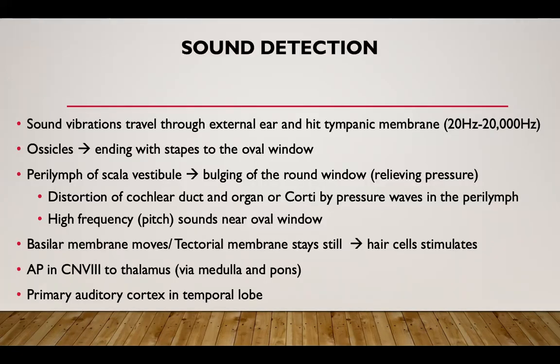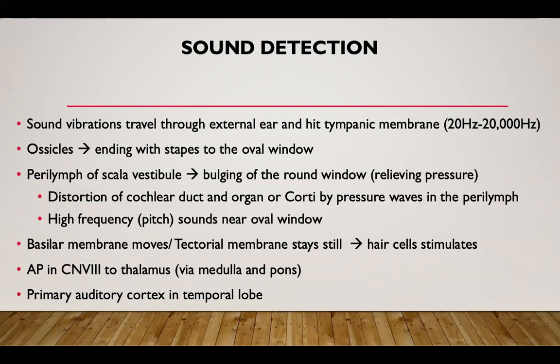Quick note, in terms of sound waves' ability to vibrate your tympanic membrane. Typically, we say that the tympanic membrane can be vibrated within the range of 20 hertz, which is really, really low, up to 20,000 hertz, or 20 kilohertz, if you want to put it.